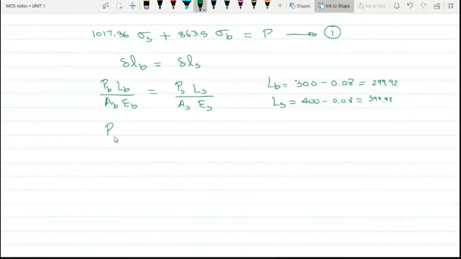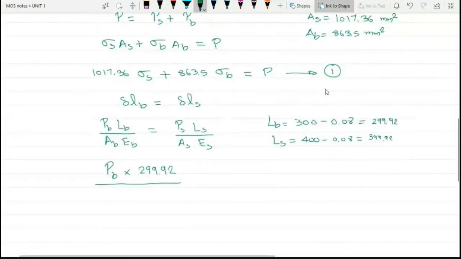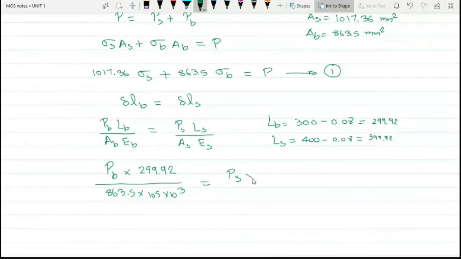We will just substitute all the values. PB into LB, which is 299.92, divided by AB, which is brass 863.5, into EB, which is 105 into 10 to the power 3, will be equal to PS into LS, which is 399.92, divided by AS, which is 1017.36, into 210 into 10 power 3.